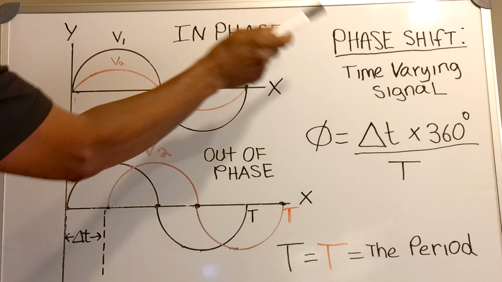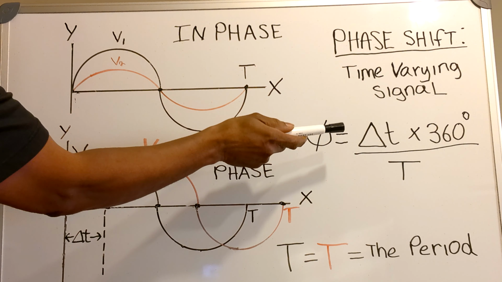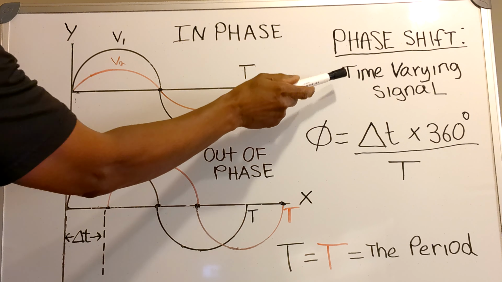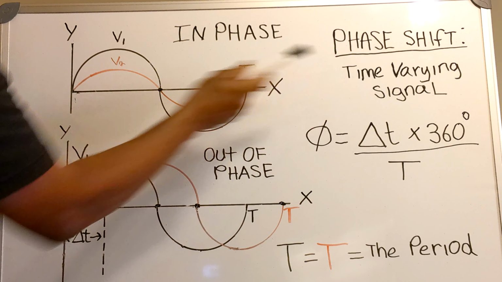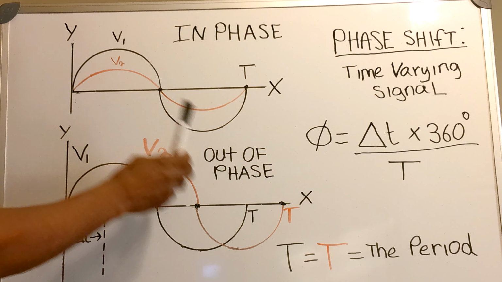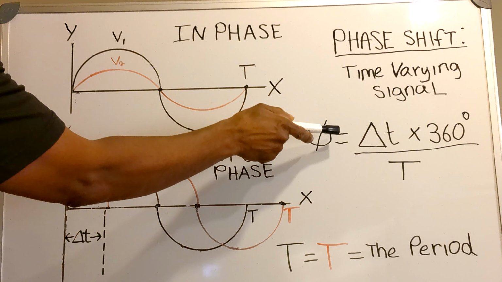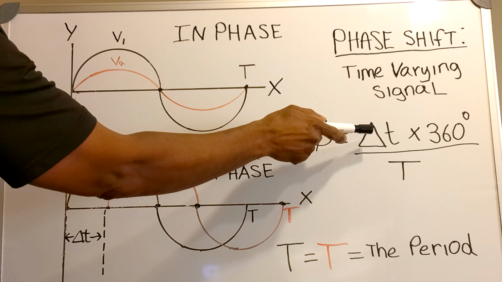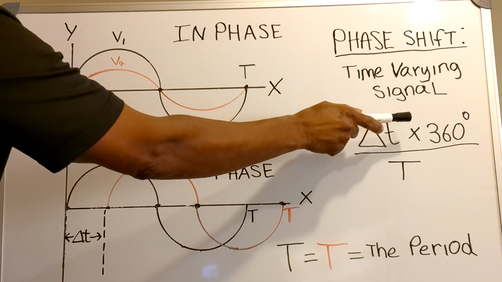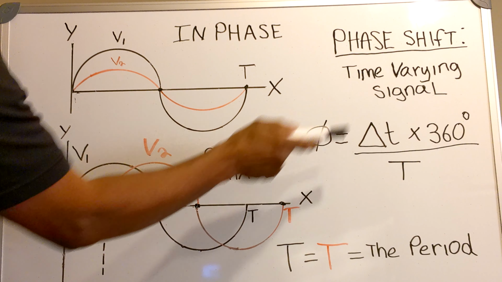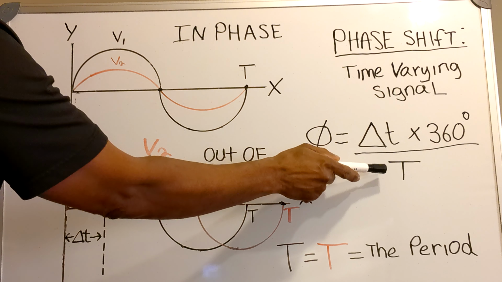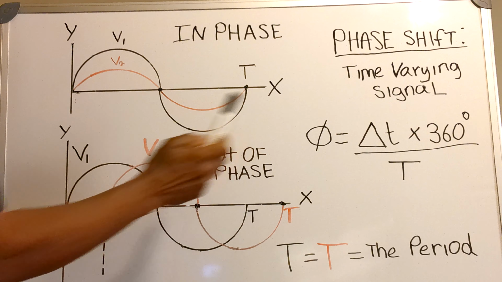Now, the formula for calculating the phase shift of a time-varying signal such as these is phi, which is the phase shift, equals delta t times 360 degrees divided by T, the period.